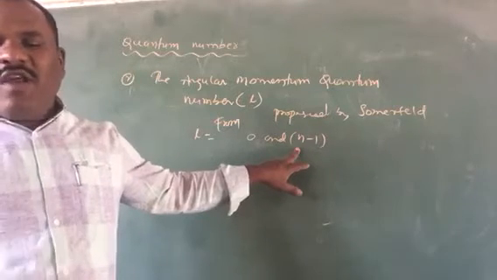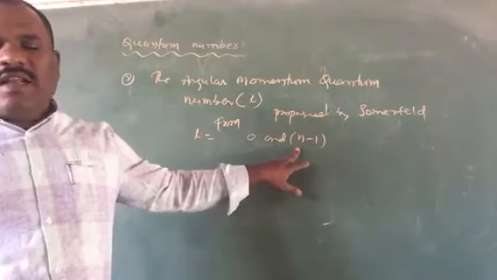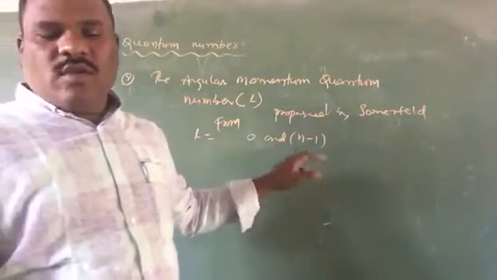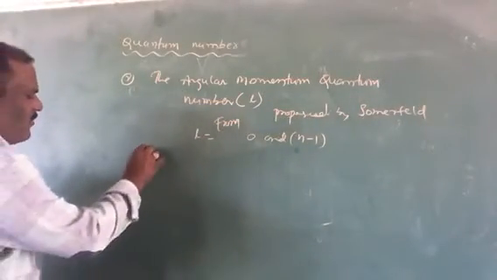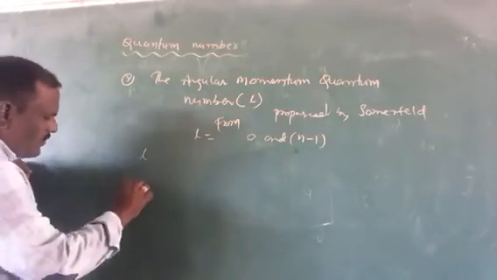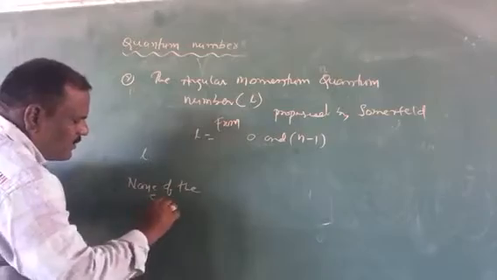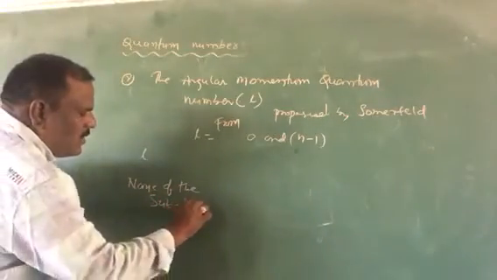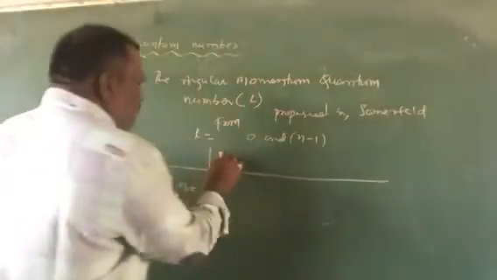The value of L for a particular subshell is generally designated by the letters s, p, d as follows: the value of L and the name of the subshell. For example, this starts from 0.